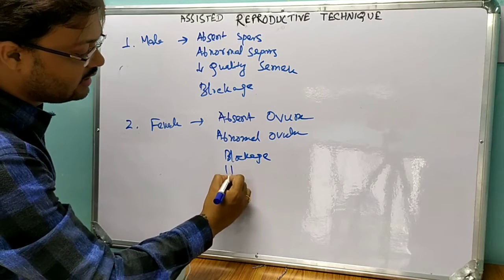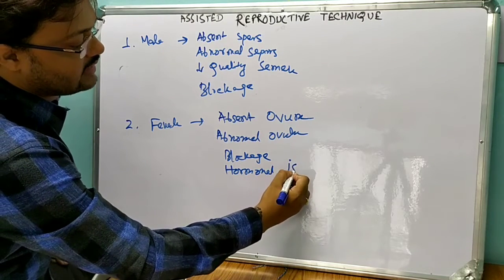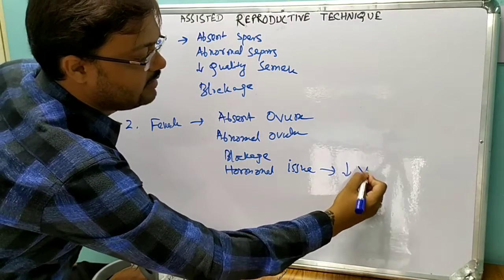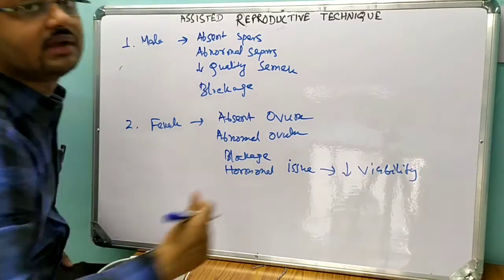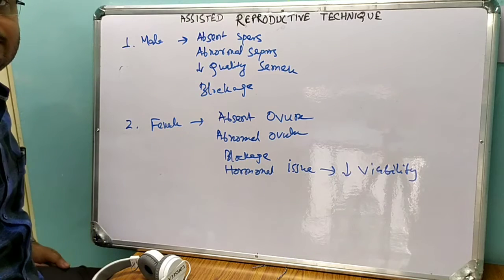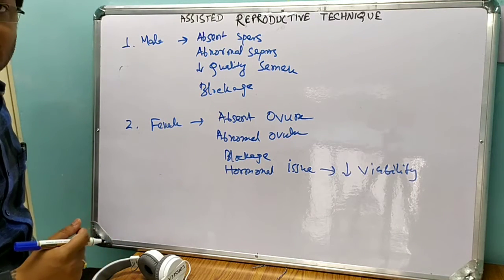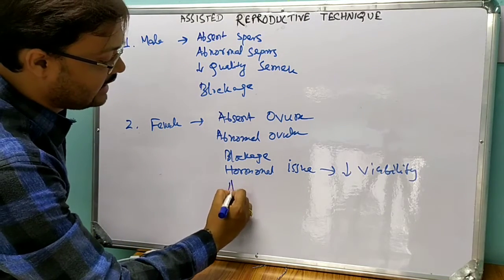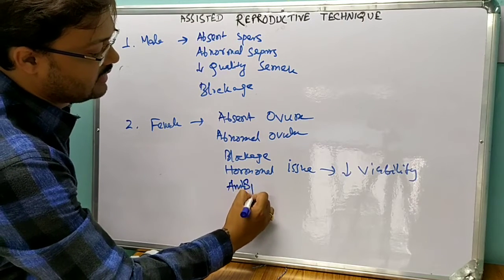There might be some hormonal issues which may lead to reduced viability. Why reduced viability? If the endometrium is not mature enough, ready enough to take care of the ovum or the zygote, there will be infertility. And what else? There might be anti-sperm antibodies.